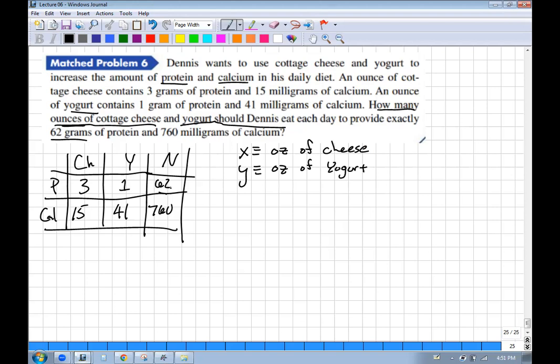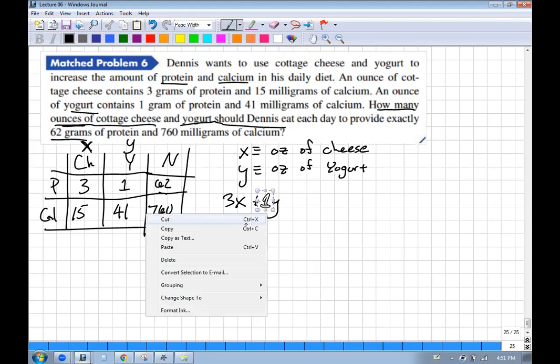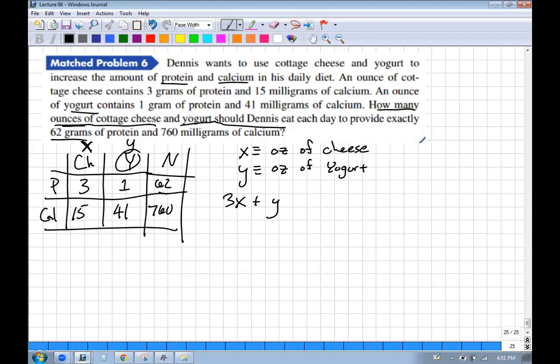So X is cheese and Y is yogurt. I can write down my equations real quick here. It's 3 grams of protein times the number of ounces of cheese plus 1 gram, which we are not going to write, times the number of ounces of yogurt should give me 62.